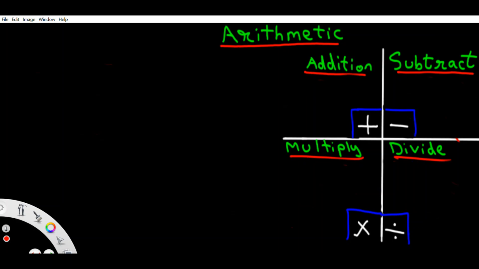For example, the addition operation tells us to take two numbers and combine their values. If you take 5 and 3 and you combine their values to form 8, you perform addition. The subtraction operation tells us to take one number away from another. So when you take one number away from another, you perform subtraction.